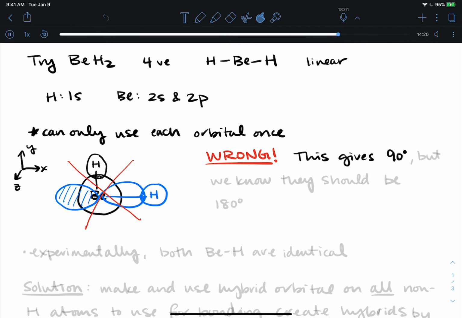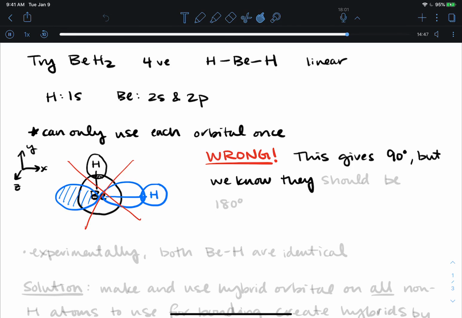Any other distance beyond that, and it's too close to the other lobe of the p orbital. And even if I were to try to do this with just p orbitals on beryllium and ignore the s orbital, which wouldn't happen, I would still have 90-degree bond angles, and I have no way to get away from it. But we know they should be 180 degrees.